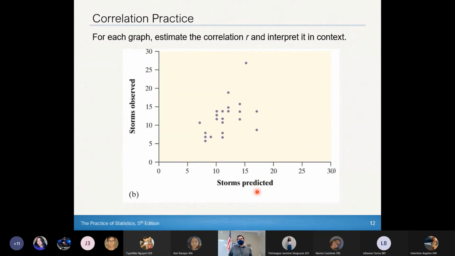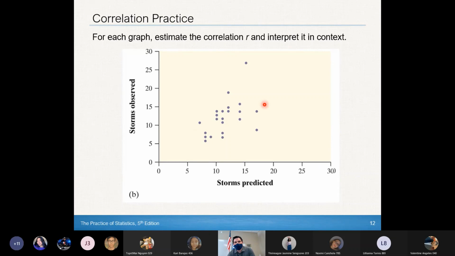This one, we have storms predicted versus storms observed. If we exclude the one outlier there, it probably has a very, very weak association. These are all just kind of clustered here together. We might have a slight positive association here, maybe like through here.